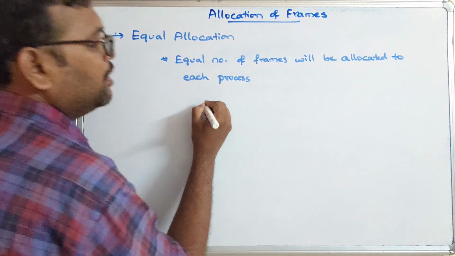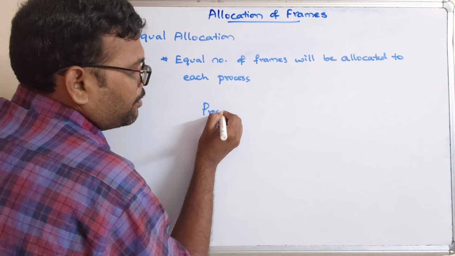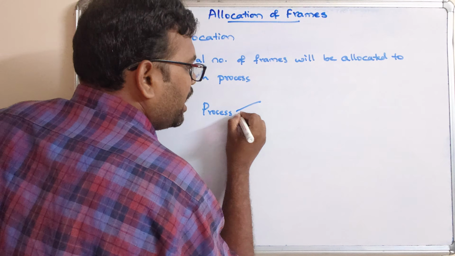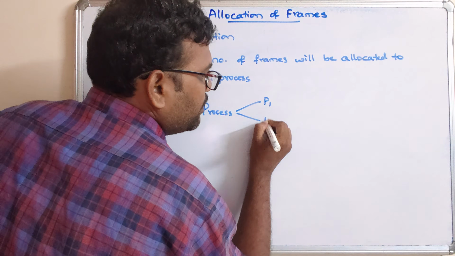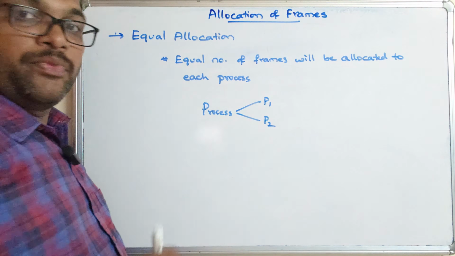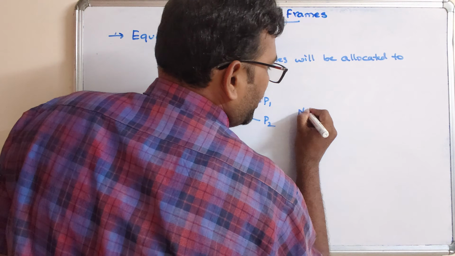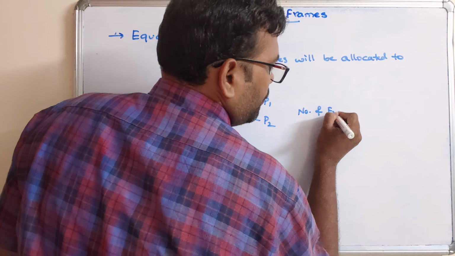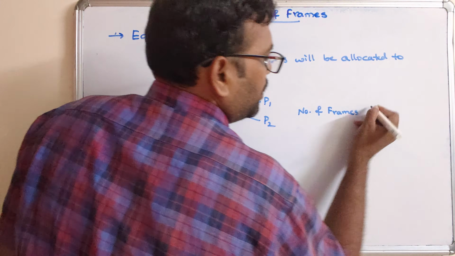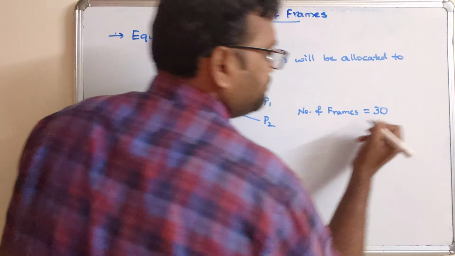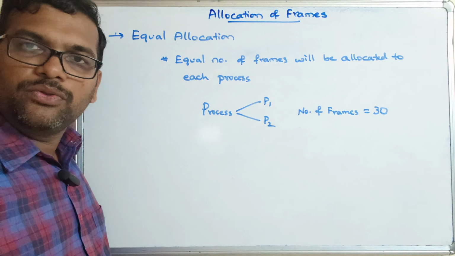For example, we have two processes, P1 and P2, and the number of frames is equal to 30.